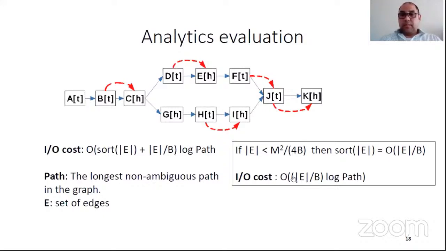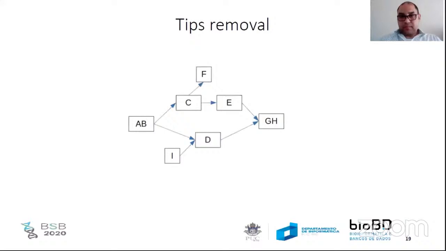So the I/O cost can be reduced to only scanning the set of edges in a logarithmic path. Importantly, this result, and all the next results, show how the approach to make an assembly using external memory is feasible. We can see how the main cost comes from sort and scan of the edges.